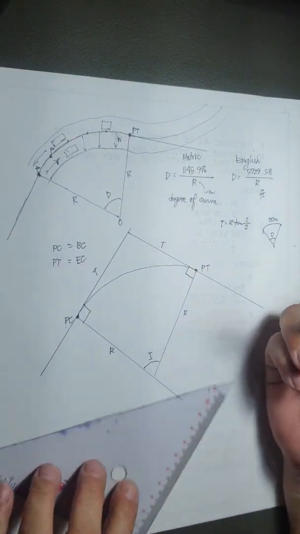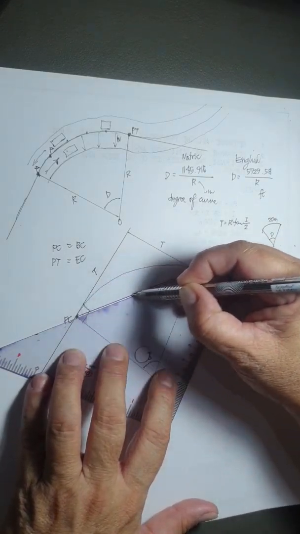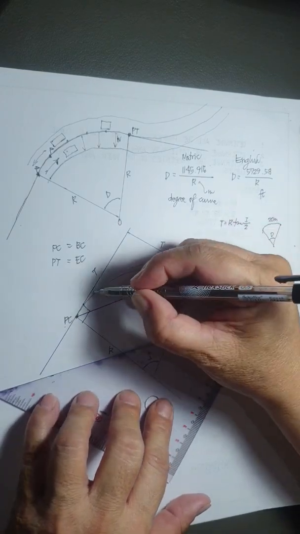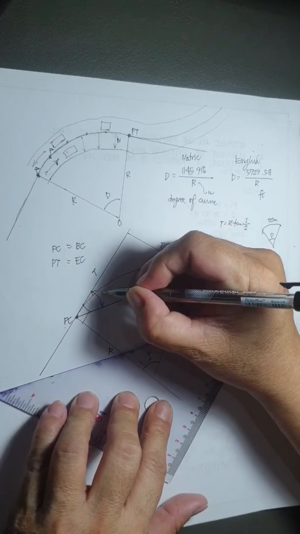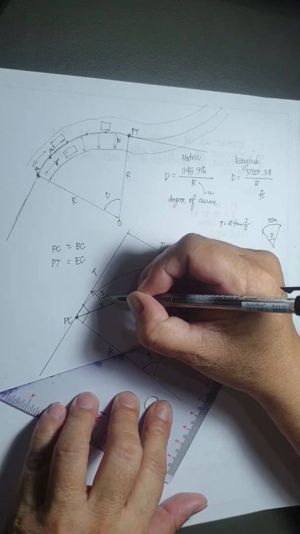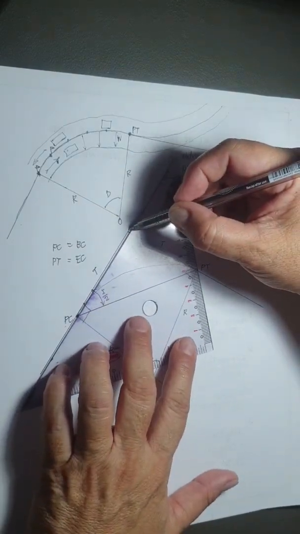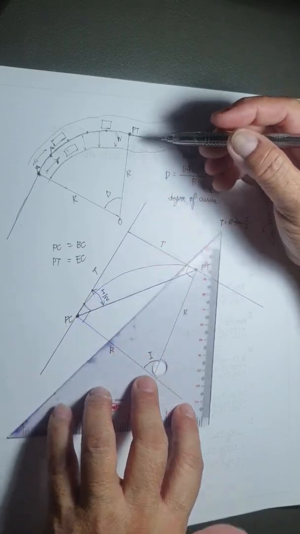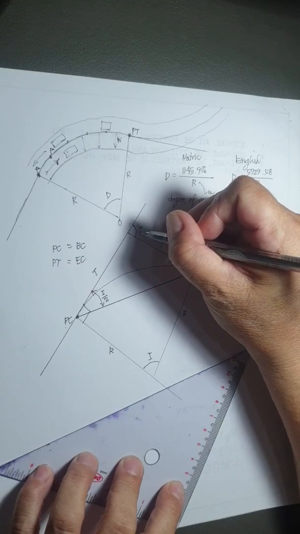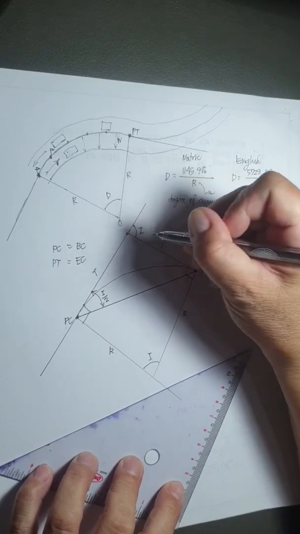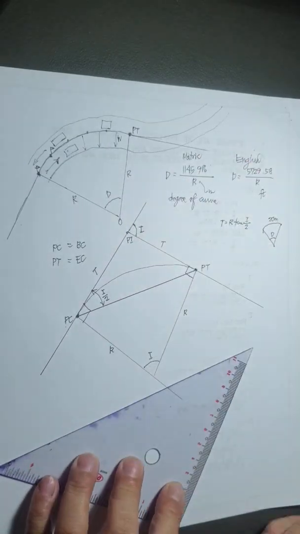Ngayon, ano pa ibang properties na i-consider natin? Pag nag-connect ka dito, take note na, this one is I over 2. Okay? And then this one is also said to be equal to I. This point is your PI, or the point of intersection.